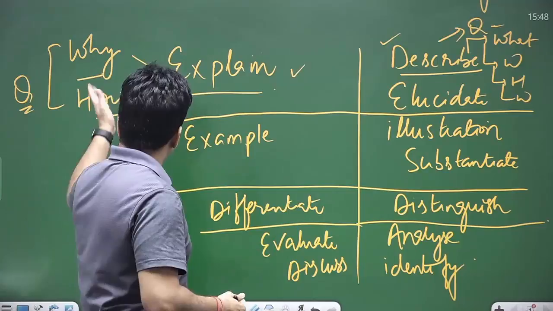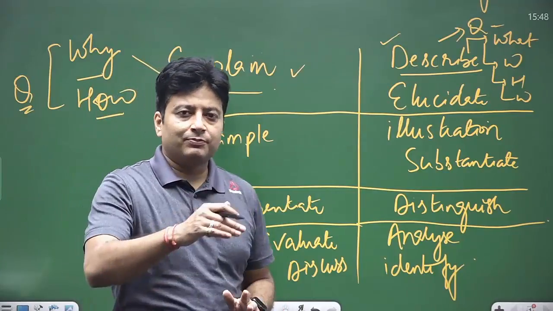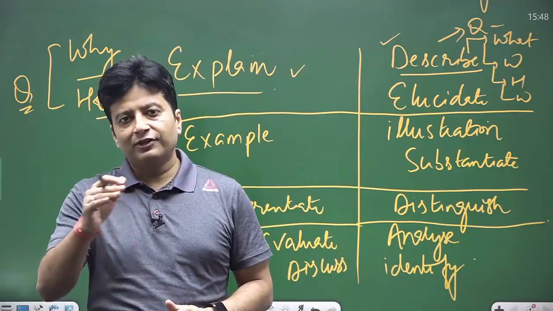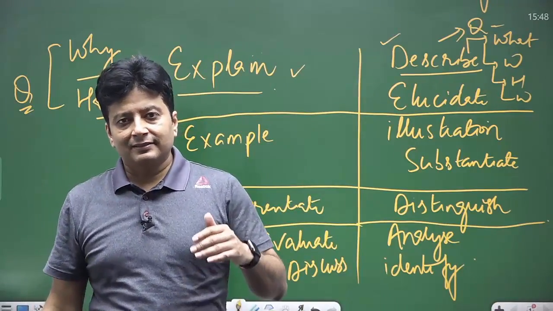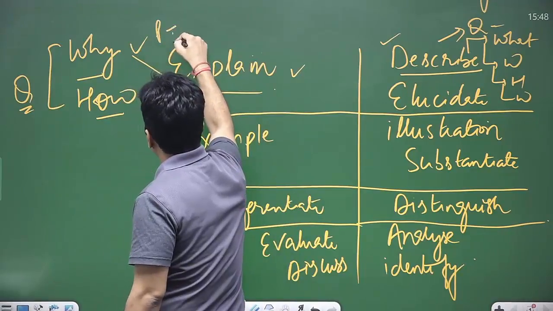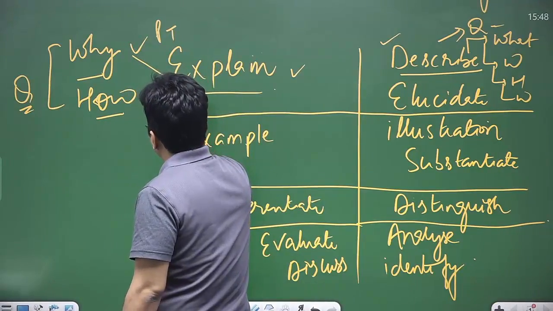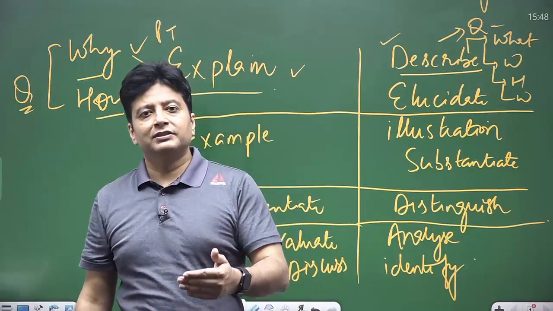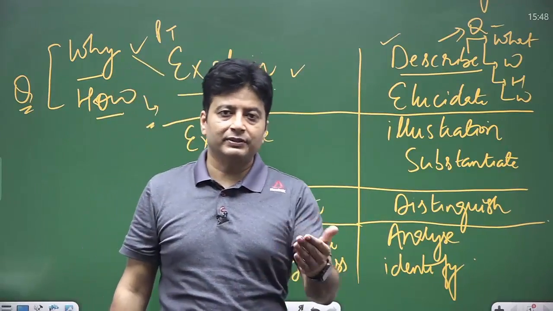When we talk about the explanation, that is, explain the process of UPSC exam preparation, what will you be explaining? Why the prelims is there, why the main is there, why the interview is there, why the interview is there as a personality test, why group discussion is not there.